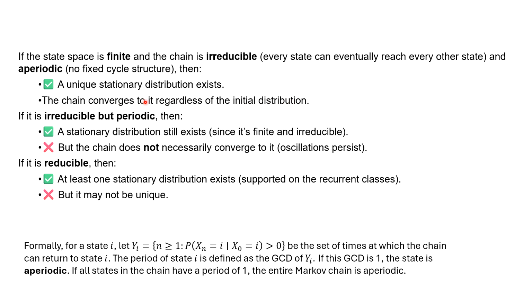What converge means is that when you take powers of the transition matrix, the rows eventually converge to this initial distribution, this stationary distribution. And we'll get more into some of the details later.